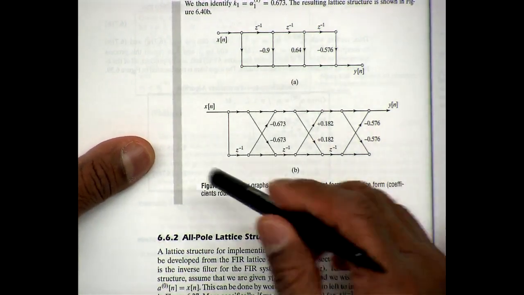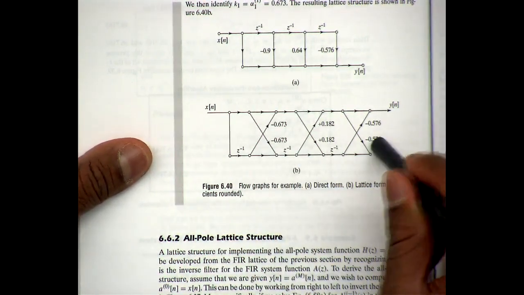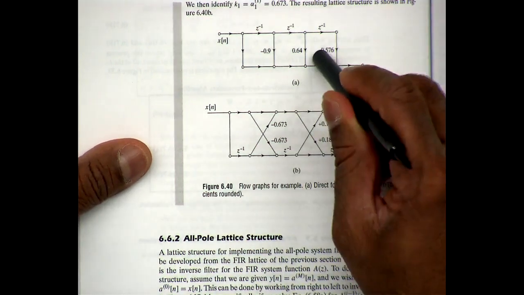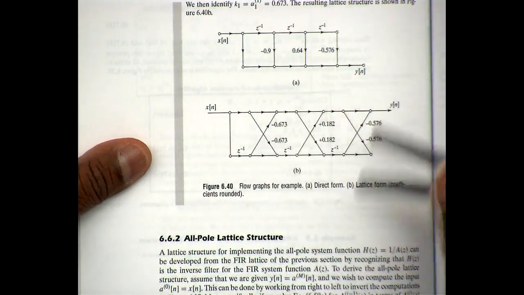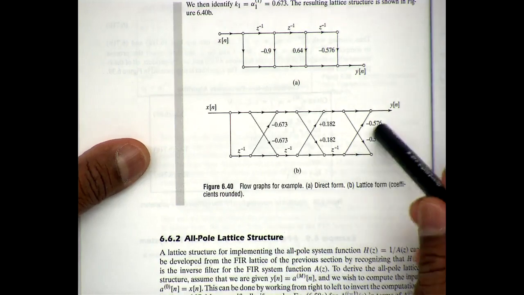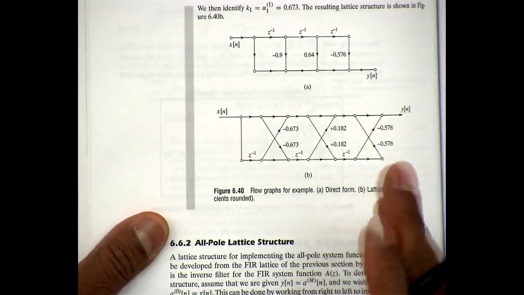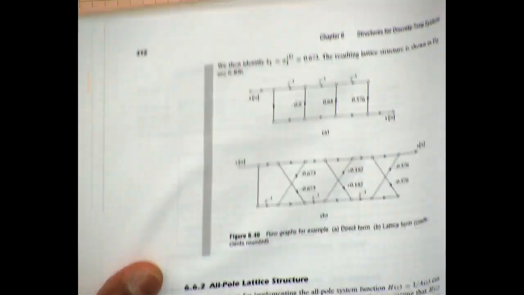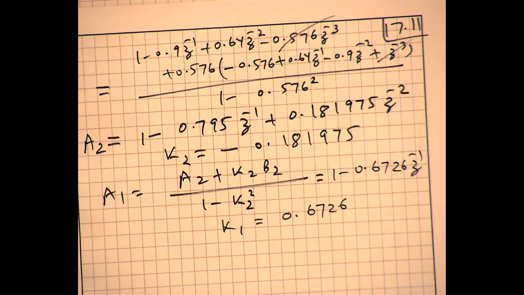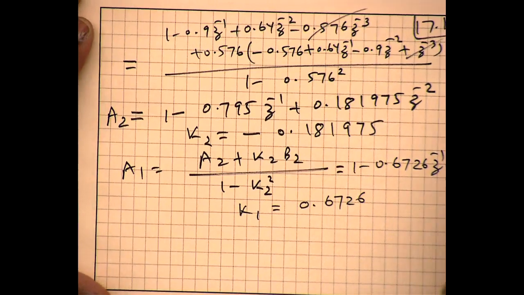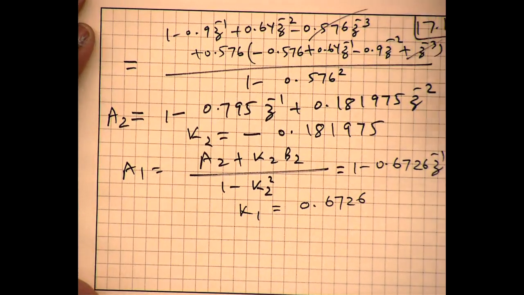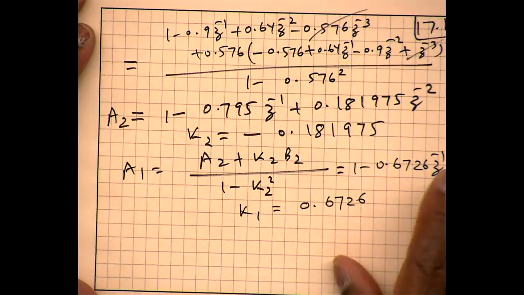Given a lattice filter structure like this, you can get the direct form by undoing the degree reduction process. You know K_3, K_2, all these Ks, so keep going through the degree reduction process in reverse. Again, I should probably give you some homework problems to practice those things.